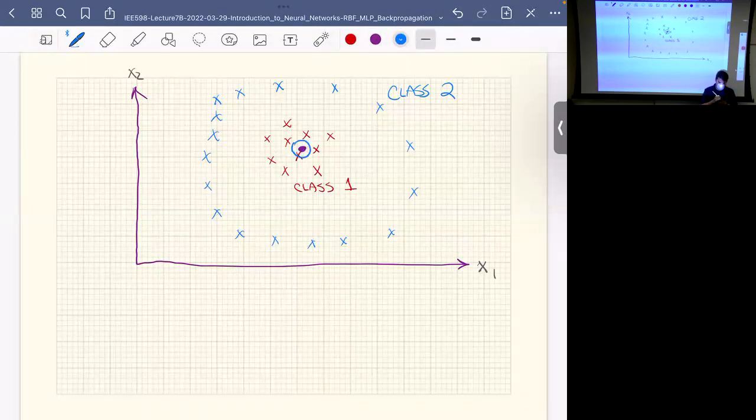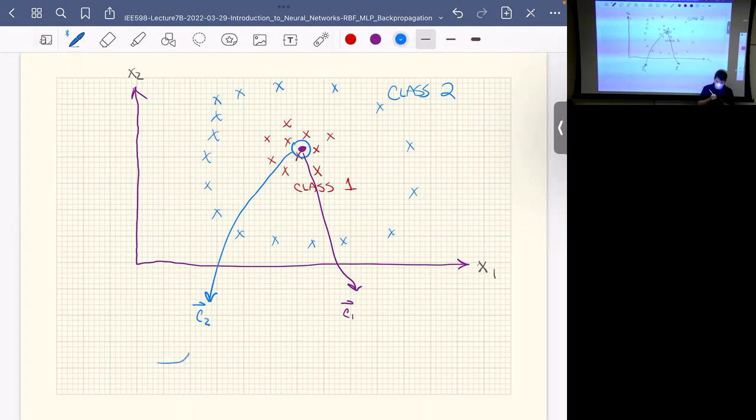And this here I'll call my C2 vector, and it happens to coincide with my C1 vector.